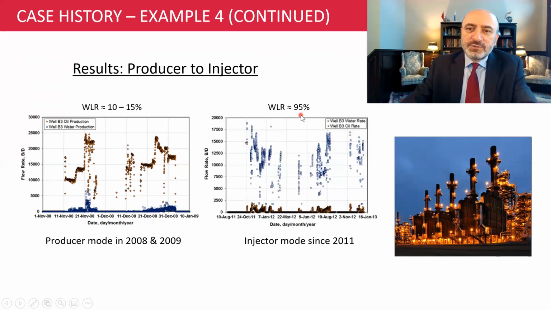Now, the flow meter still sees a small amount of oil production in the range of 5% or so. That is because the injected water is the seawater, and its properties were different from those of the produced water in the producer mode.